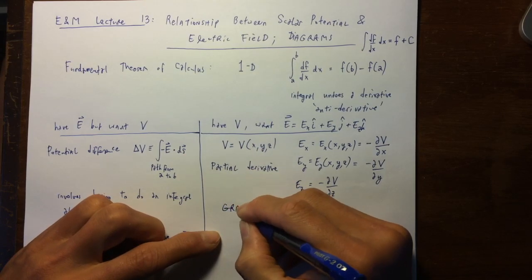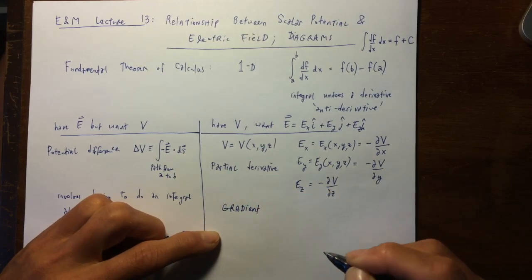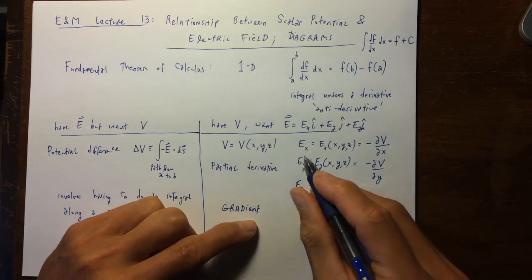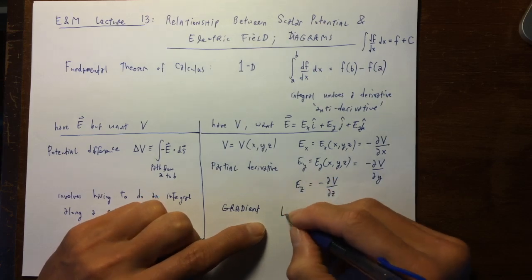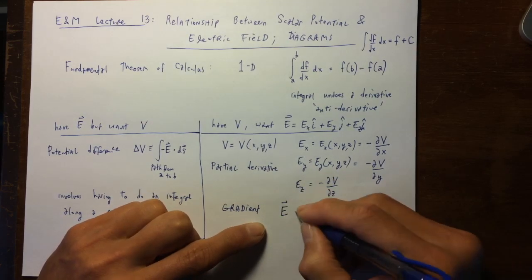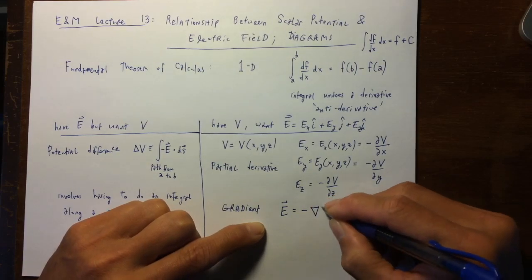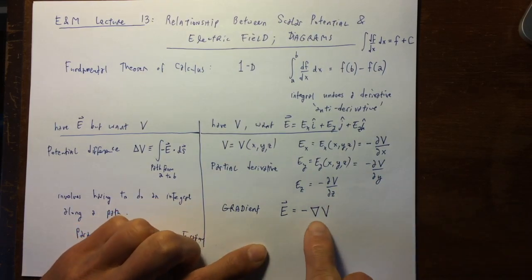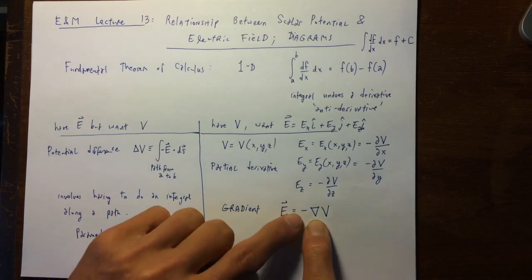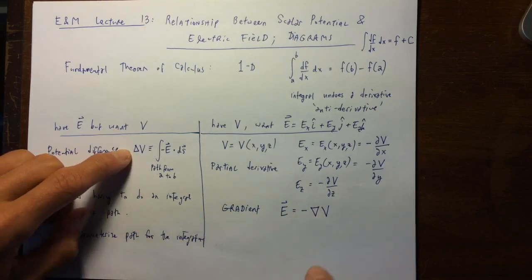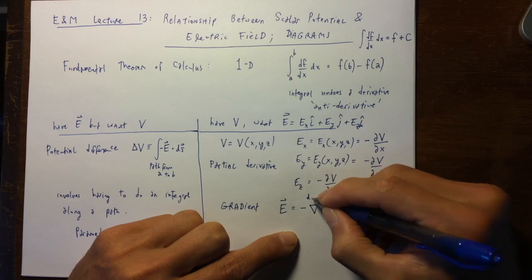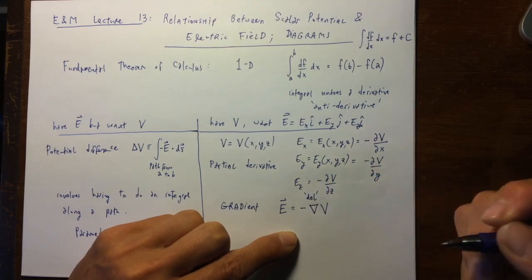There is a word called gradient. The idea is we are saying that the electric field is a vector equal to minus the gradient of the potential. This is an upside down delta. This is not the same as this thing over here. This is referred to as del.